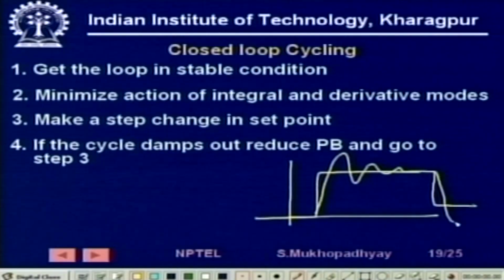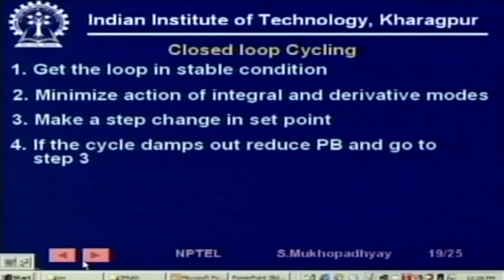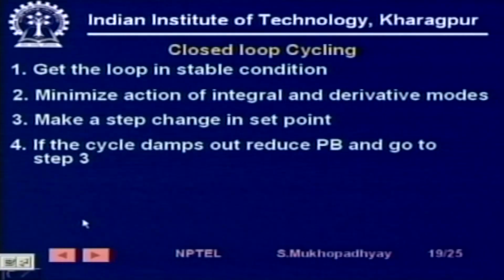Then this loop may persist for a longer time. Still if it damps out, again go to step 3, reduce the gain a little bit and make a step change in set point. So go on doing this till the loop oscillates.